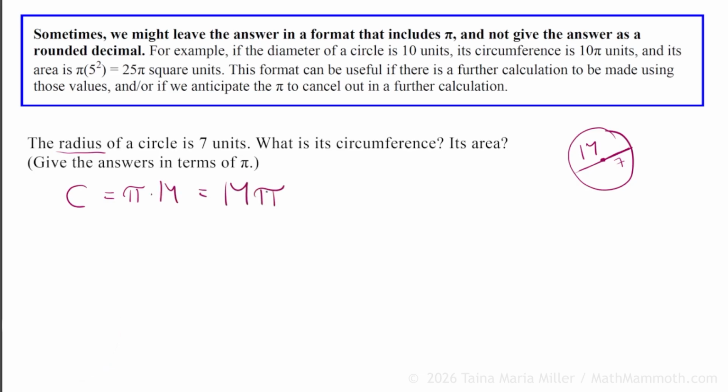So it is 14 pi. We leave it at that. We will not calculate this as a rounded decimal. We'll just leave it as 14 pi. The area is pi times radius squared. And radius is 7. This is 49. So we get 49 pi.